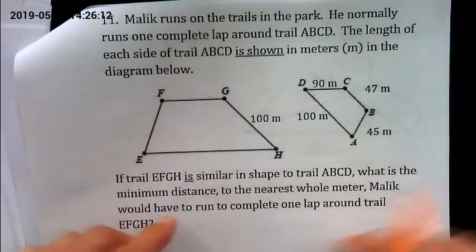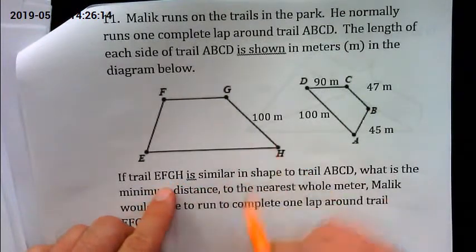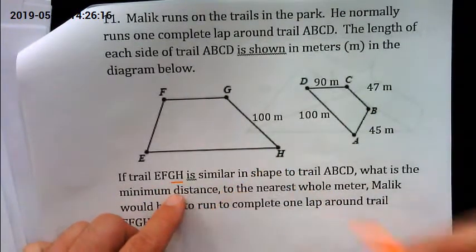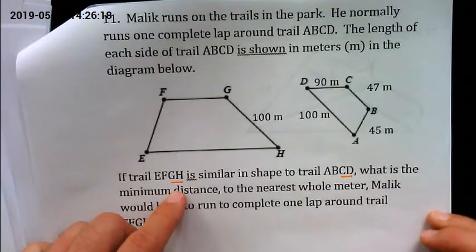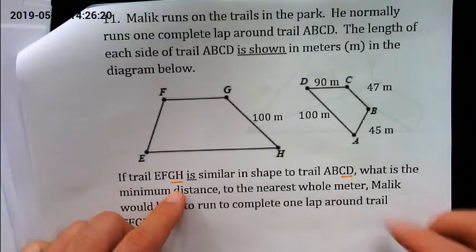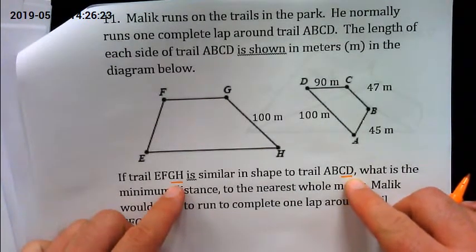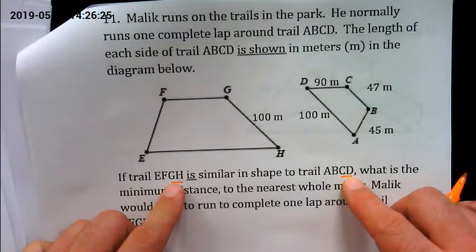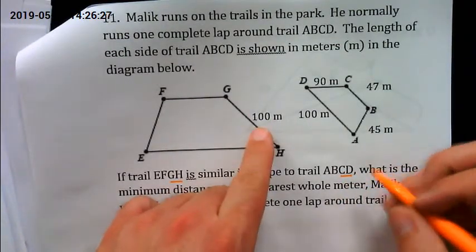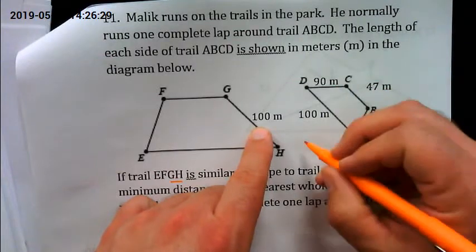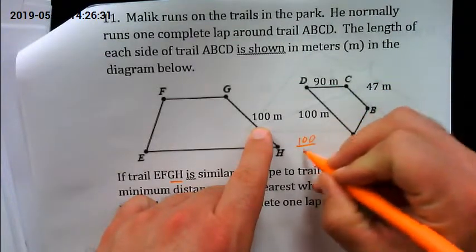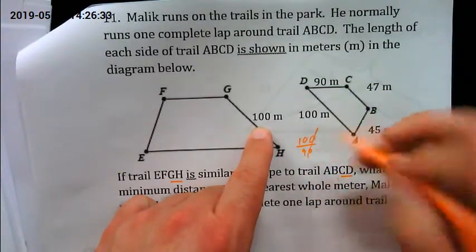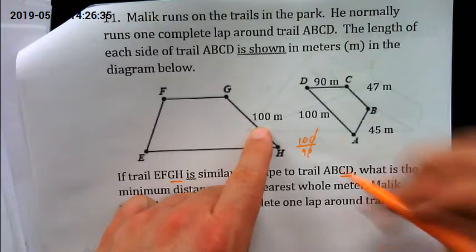Okay. Well, down here it says specifically the order, right? So this is our similarity statement. It's written down in words, but that's still our similarity statement. So that's telling us how they match up. So we got these two match up. So I got the 100 over 90, which reduces to 10 over 9. That's our scale factor.